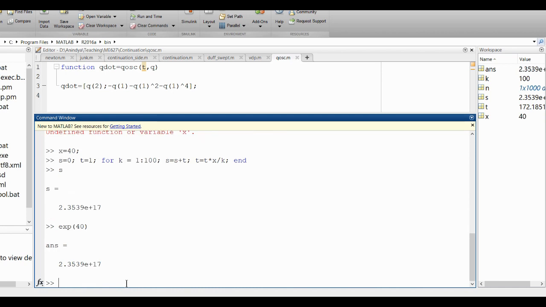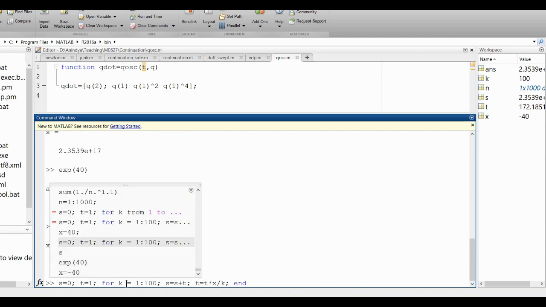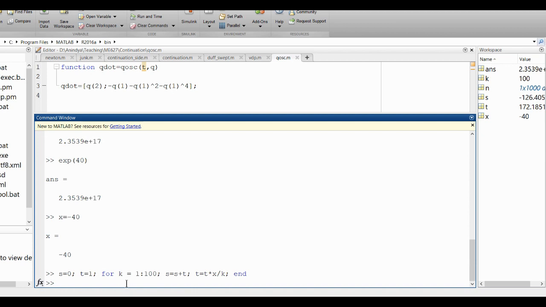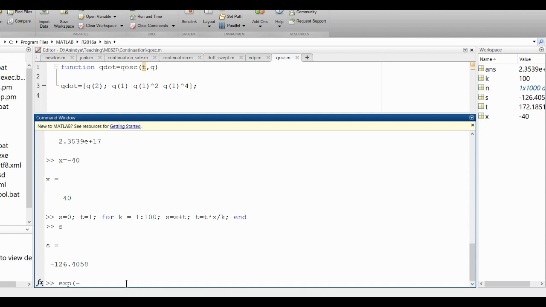Sorry for the small glitches, but what about if x equals minus 40? Now s is this, minus 126. It's clearly not correct, right? Well, e to the minus 40 is positive and very, very small, right?